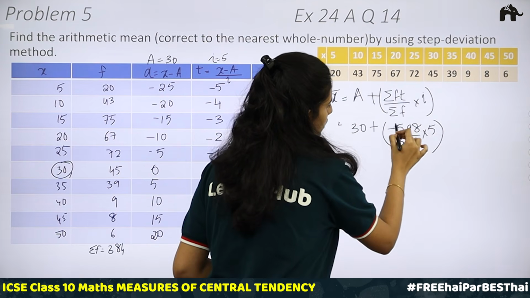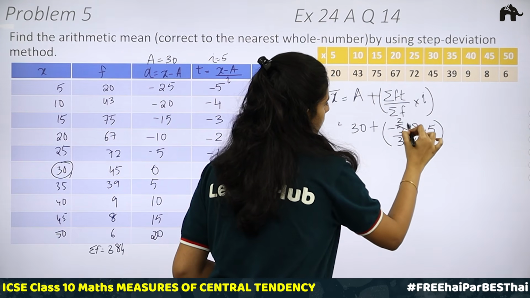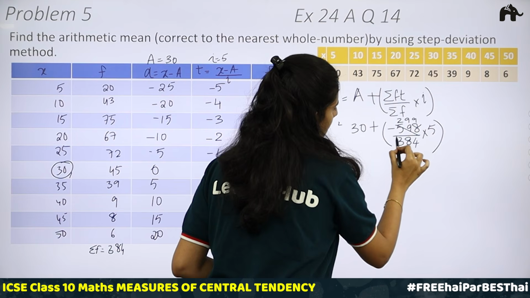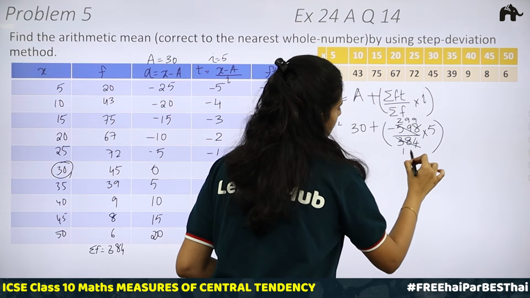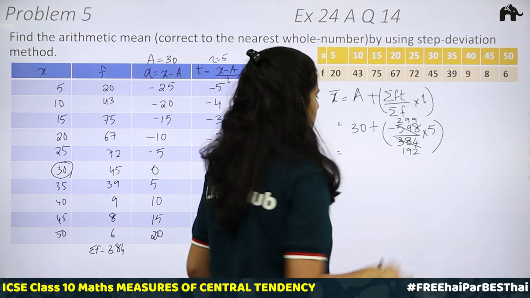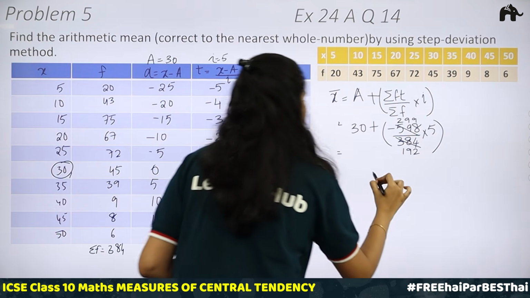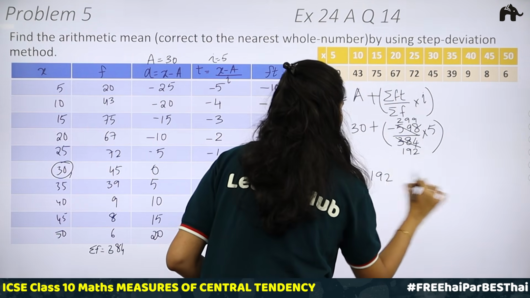On cancelling this, here you will be getting 299, here 192. Next, taking the LCM, 192 is the LCM.